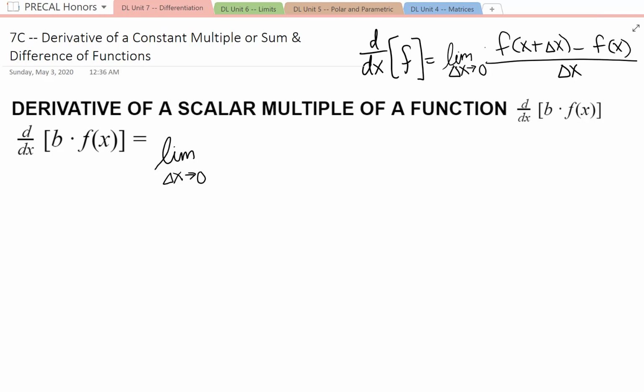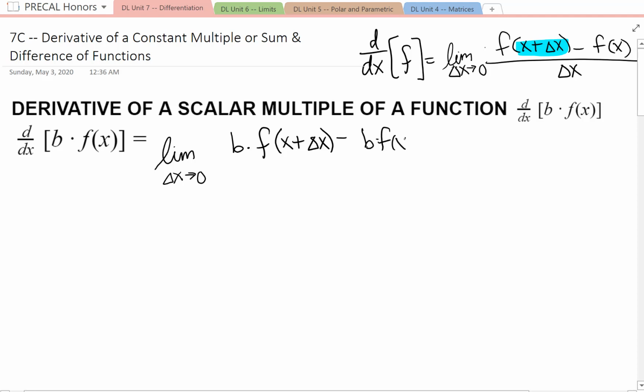Now b is just some constant that's being multiplied by f of x. So if you are inputting x plus delta x instead of x, that does not affect b. b is just still being multiplied at the front. So b times f of x plus delta x minus b times f of x, all over delta x, the limit as delta x approaches 0.